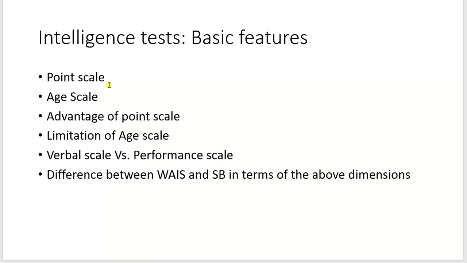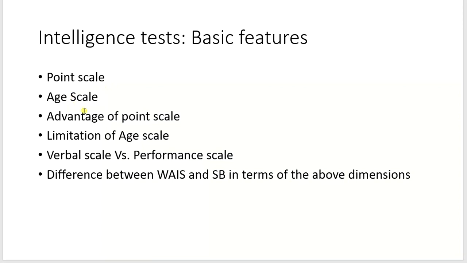The advantage of point scale is that we can club items which are similar in terms of measuring some cognitive function. Say we can cluster all items which are measuring working memory, all items which are measuring visual reasoning, verbal reasoning, quantitative reasoning, like that.